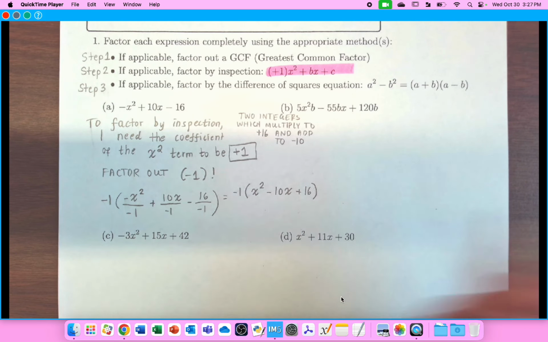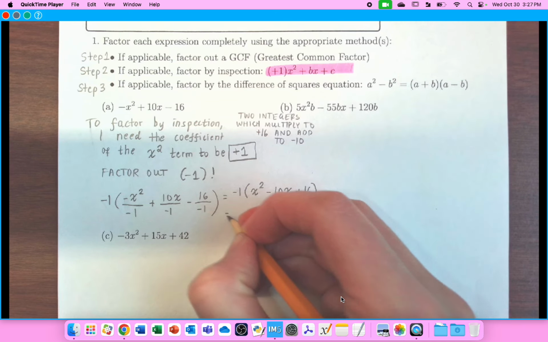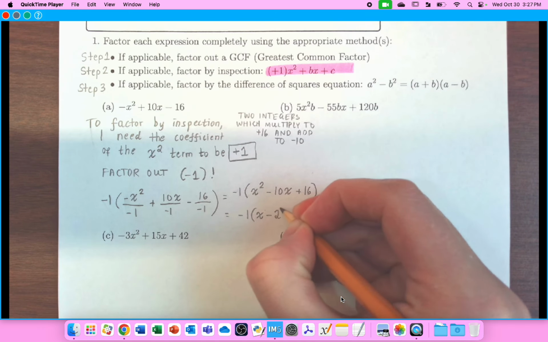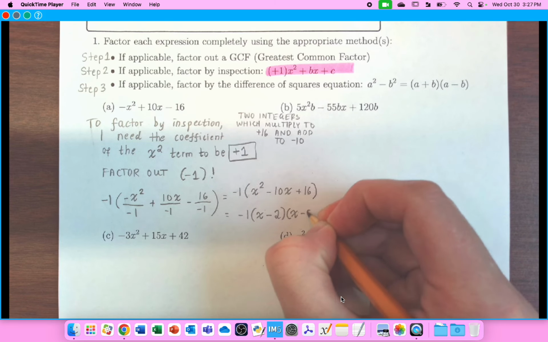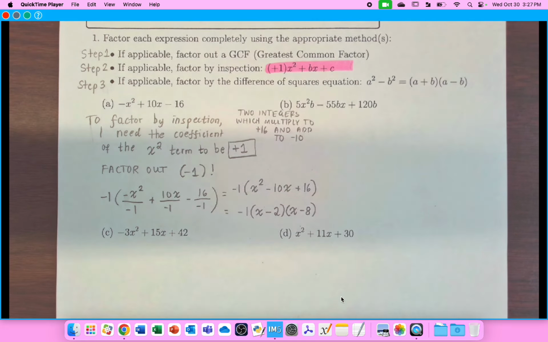So, well, you know what? It's gonna be x minus 2, x minus 8, because just for the sake of explanation, I'll pull over a different piece of paper here.